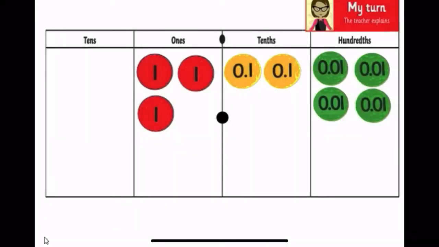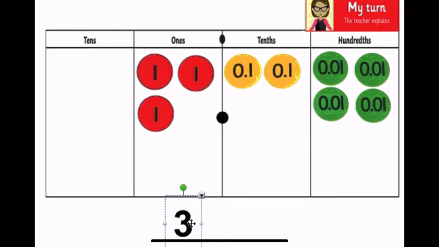So we're going to move on now and we're going to start looking at decimals where we have a value in the ones column which is greater than 0. So here we've got 3 in the ones column and we've got 2 in the tenths and we've got 4 in the hundredths. So using my understanding of my place value and my place value counters, I can see that I've got 3 in the ones.